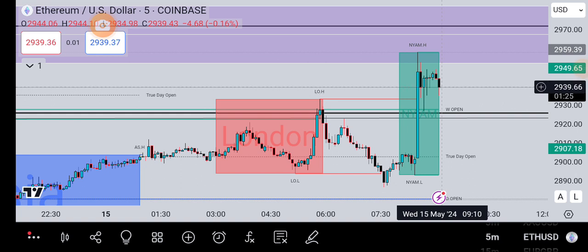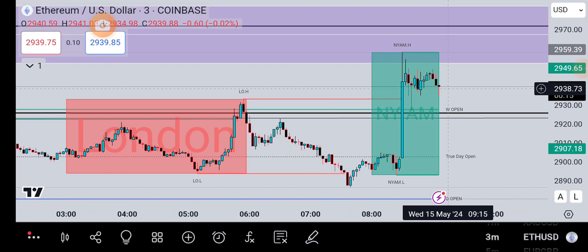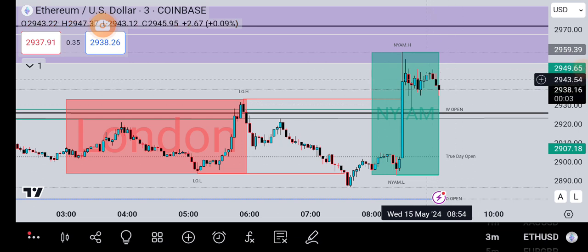If we see a fair value gap being created, and then we see another candle displaced lower, probably that's when I will be in. But for now, still I'm not yet seeing what I really want to see.